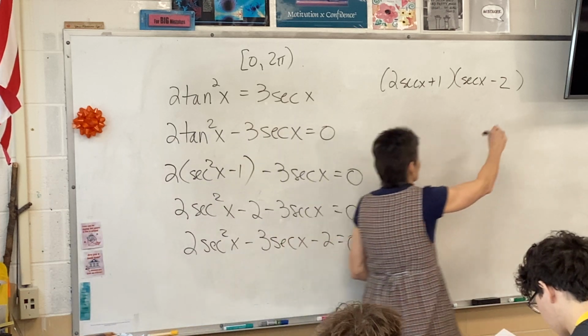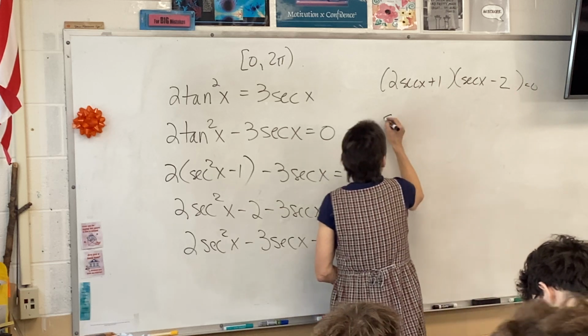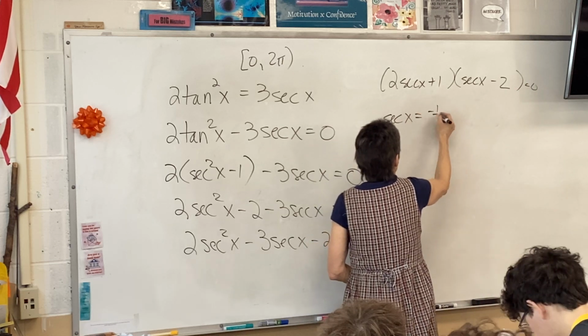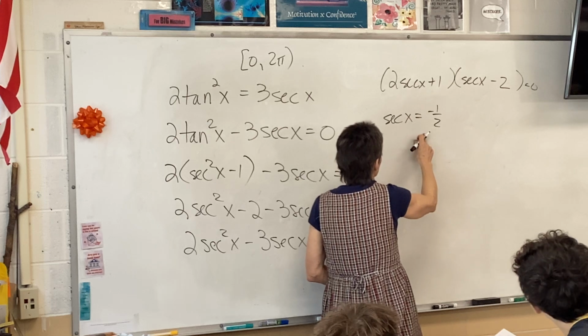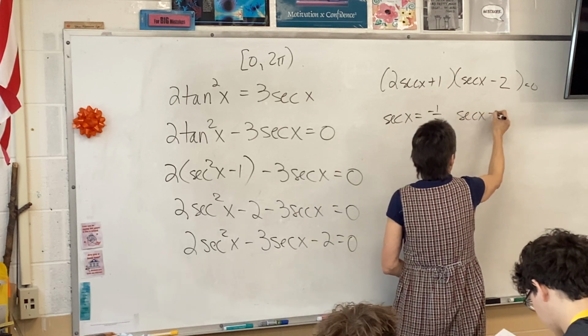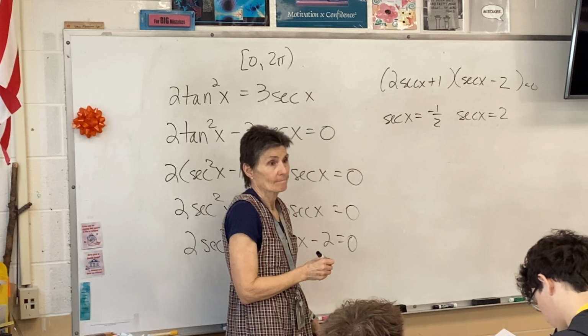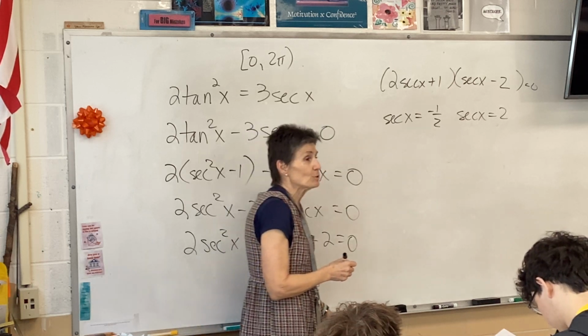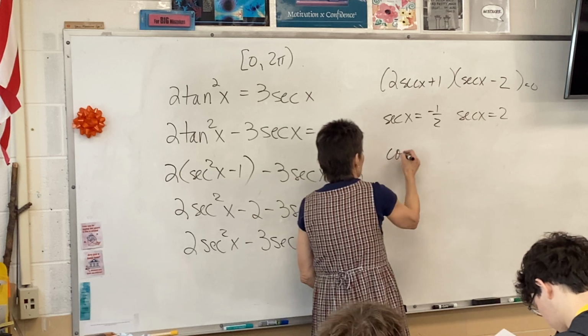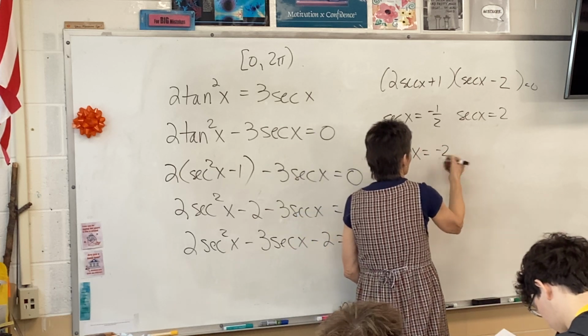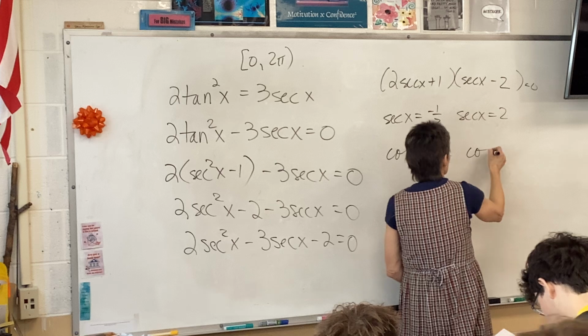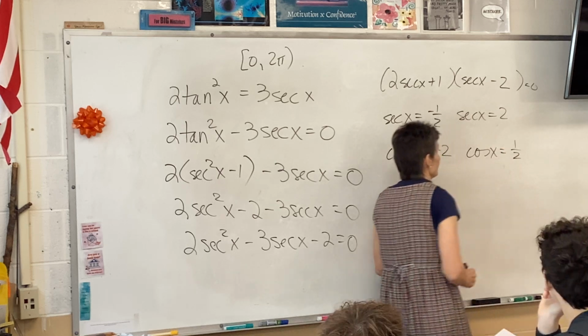All right, so now what? That's equal to 0. So now either secant equals negative 1/2 or secant equals 2. I don't do secant, so I'm gonna say cosine equals negative 2 over 1 and cosine equals 1 over 2.